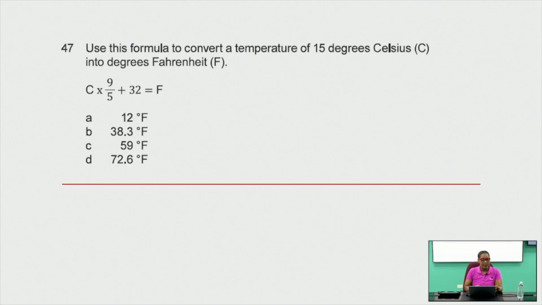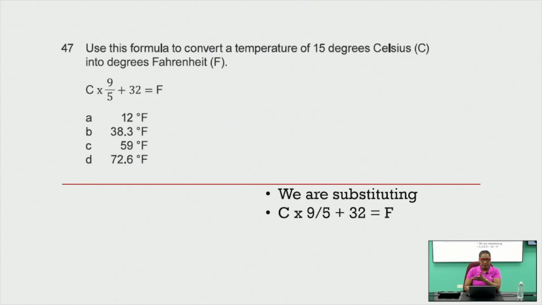We're at question 47, and we're almost there to the 50 mark. Use this formula to convert a temperature of 15 degrees Celsius into degrees Fahrenheit. Pretty much, guys, all we're doing is substituting values in this equation. So we know that we want to figure out what is 15 degrees as Fahrenheit.